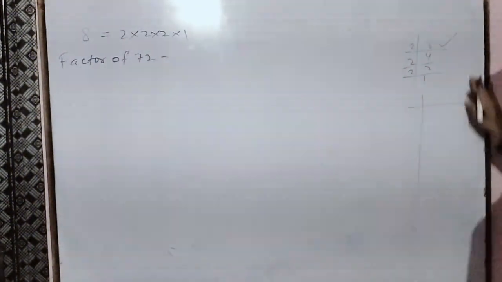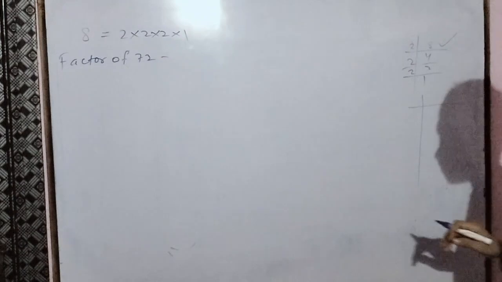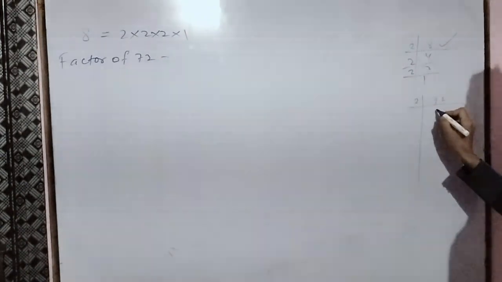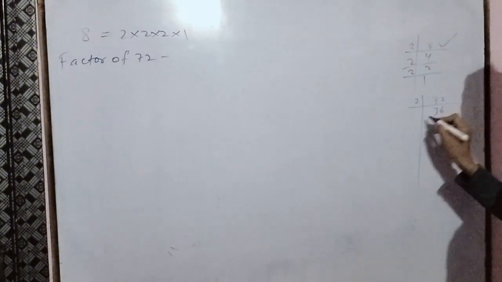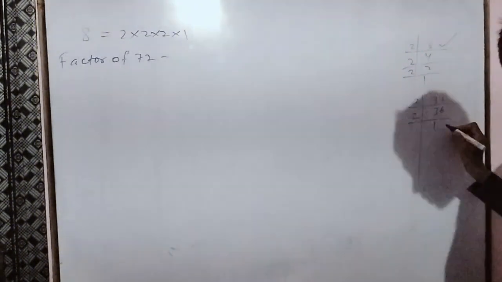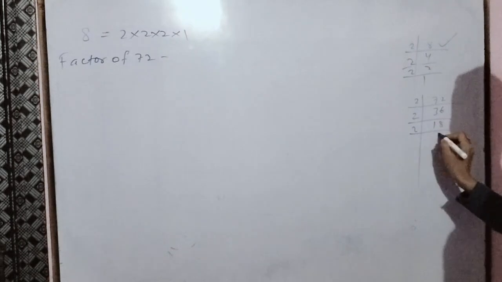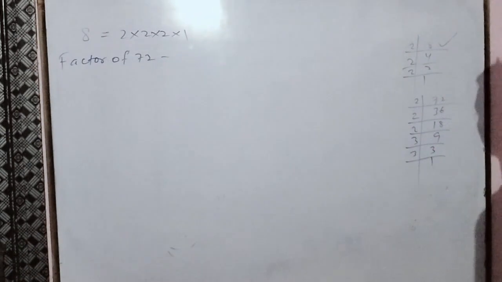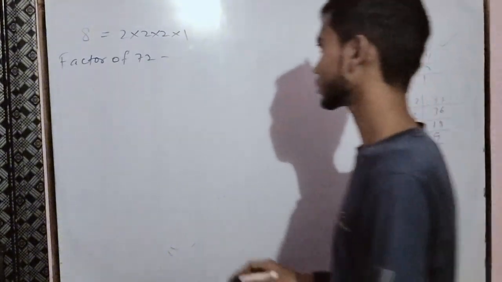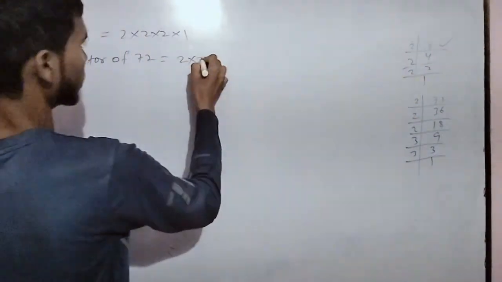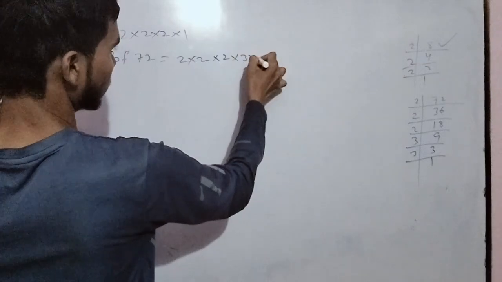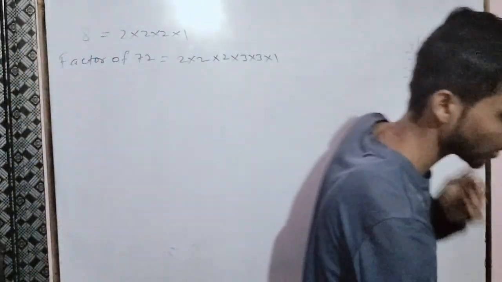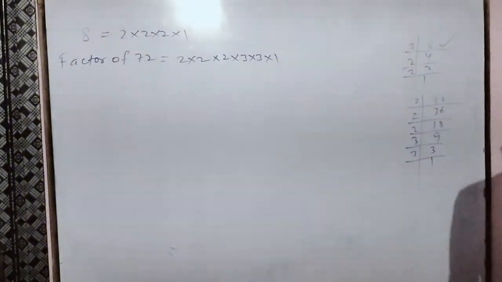This will help you. 72: 2 36s, 2 18s, 2 9s, 3 3s are 9, 3 1s are 3. So 2 multiplied by 2 multiplied by 2 multiplied by 3 multiplied by 3 multiplied by 1. You can see, this was the factor.